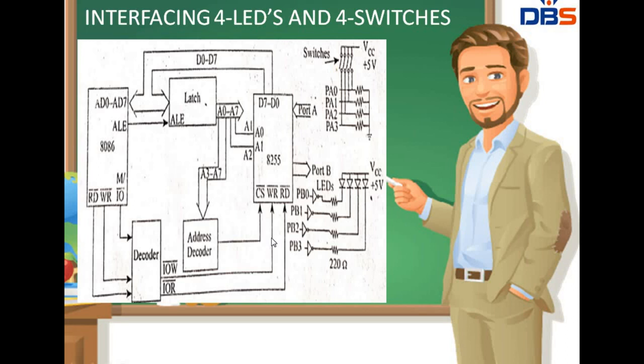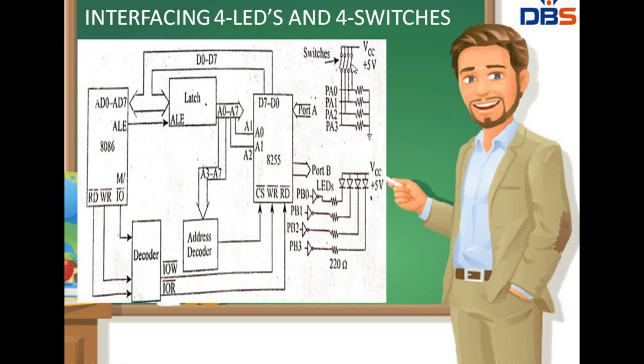Here, for interfacing the 4 LEDs and switches through the 8255, the lower order 4 bits of port A act as input of the 8255, and are linked to the 4 switches such that the port is joined to logic 0 when the switches are open.